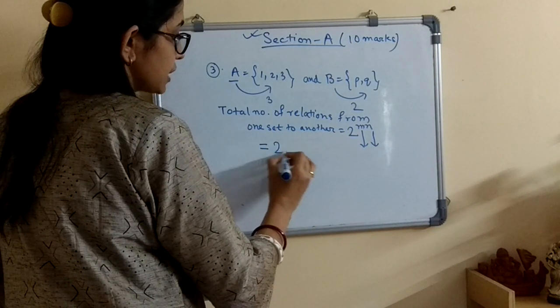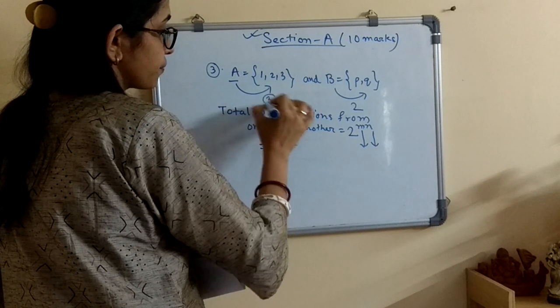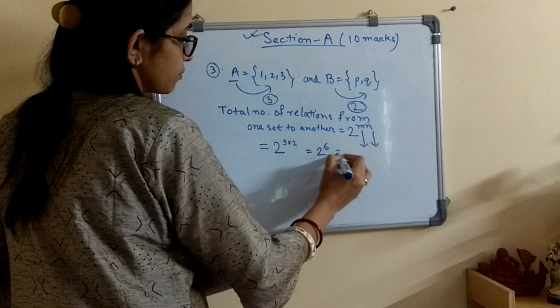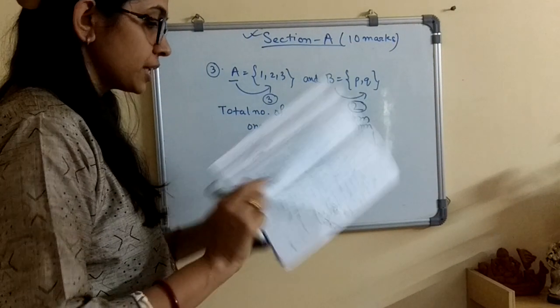For this question it will be 2 to the power 3 into 2, 3 elements for set A, 2 elements for set B. That is 2 to the power 6, which equals 64, which is provided in option number 4.